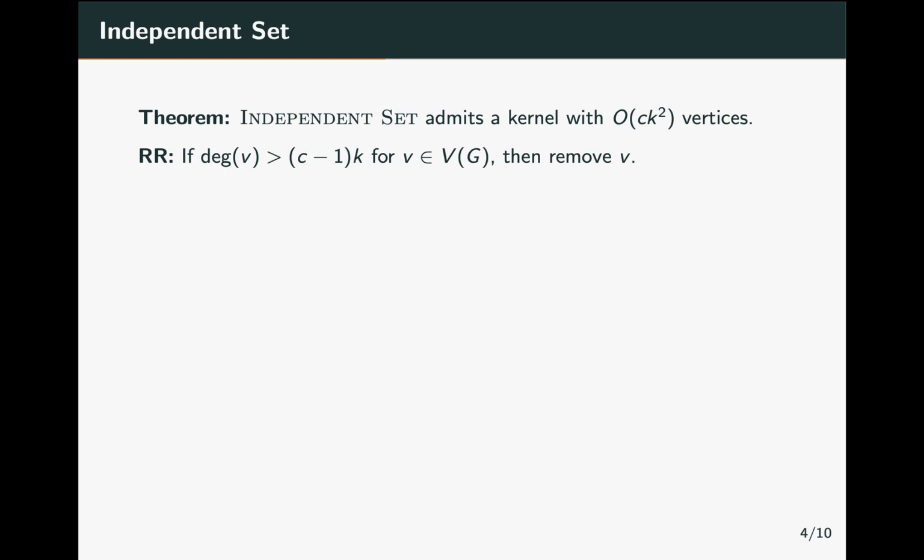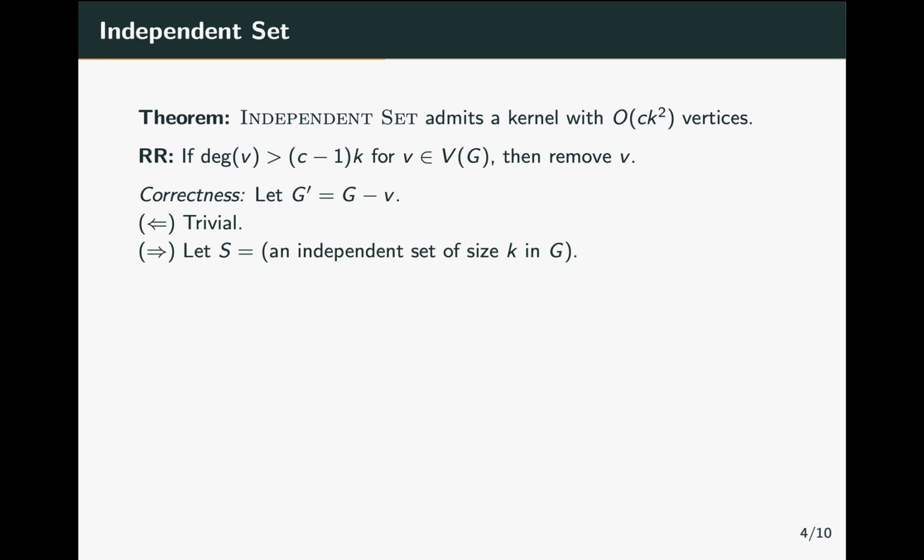So why is it correct? Let me show you the correctness. First of all, let us say that G' is the graph obtained by removing the large degree vertex B. One direction is clear: if there's an independent set of size k in G', then there must be one in G as well.